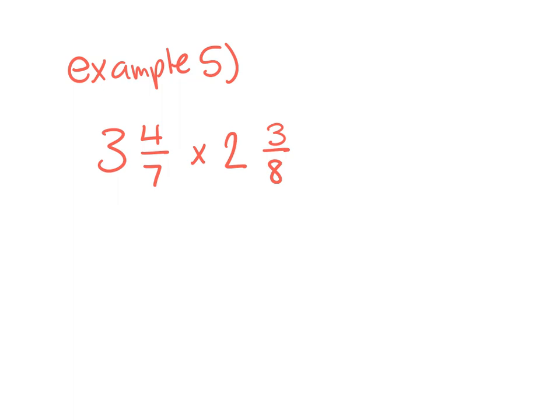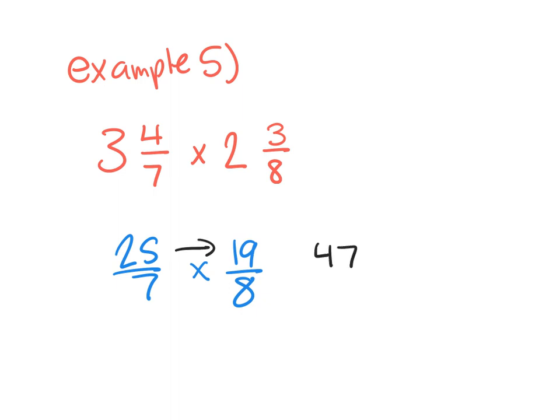Now let's take a look at example 5. We have 3 4/7 times 2 3/8. My first step will be to turn both of these into improper fractions. Now that they're both improper fractions, all I have to do is multiply straight across. So 25 times 19 gives me 475. Whenever I multiply the bottom, or denominators, 7 times 8, that is 56.